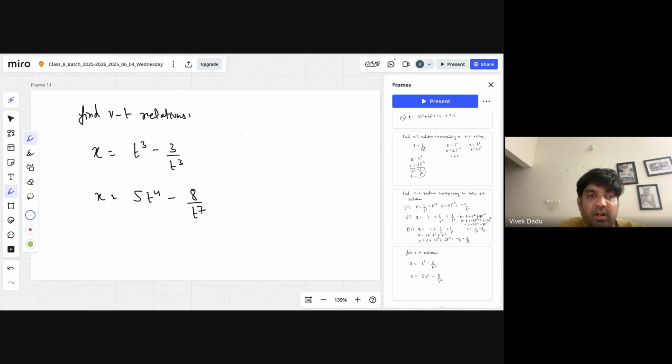Sign and all you figured out nicely, but powers of t. Okay, now second one is correct.